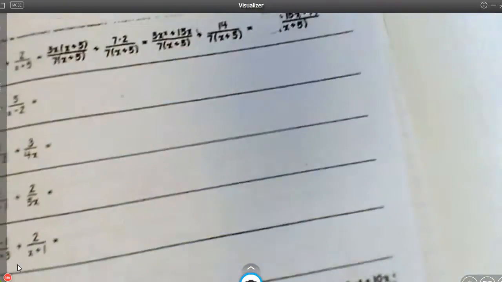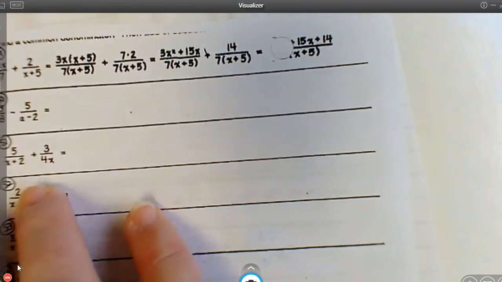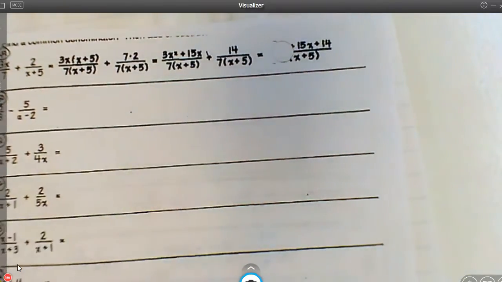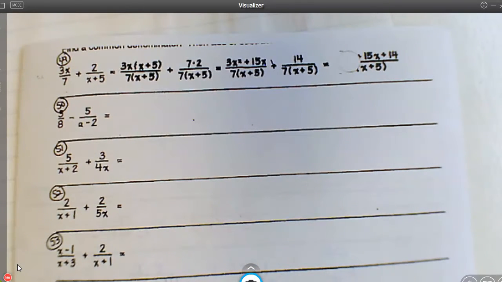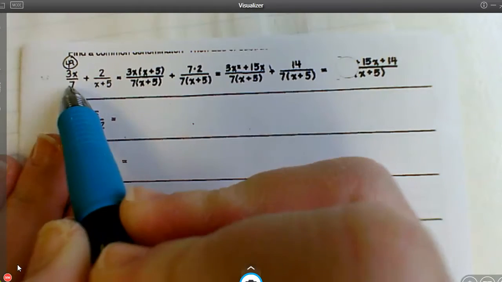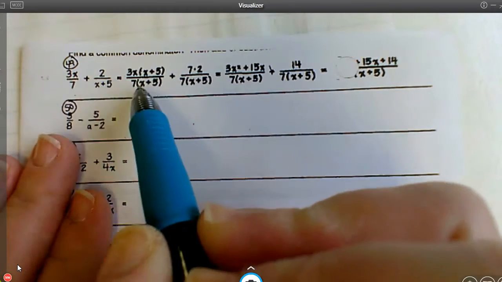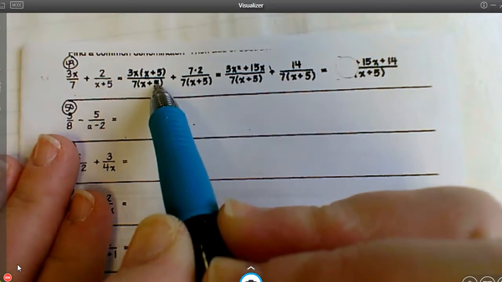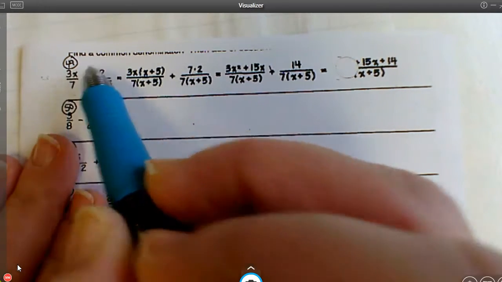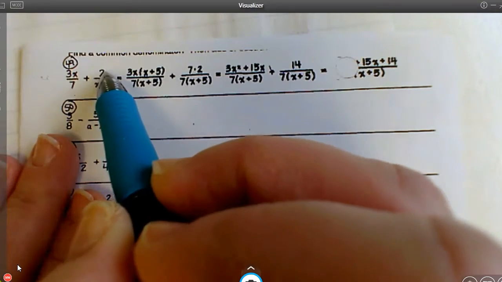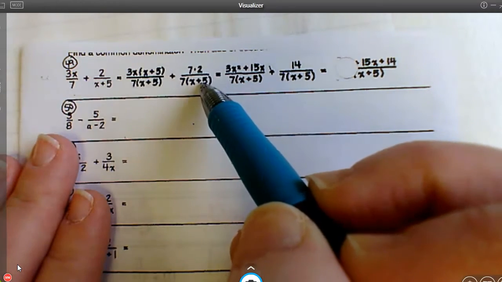Alright, we're going to continue very quickly with what happens with common denominators when the common denominators are not quite so simple. Okay? They've done an example for us up at the top, and I realized that 7 and x plus 5 together must be the denominator. And so what that means is that this one's going to have to multiply by an x plus 5, and this one's going to have to multiply by a 7.